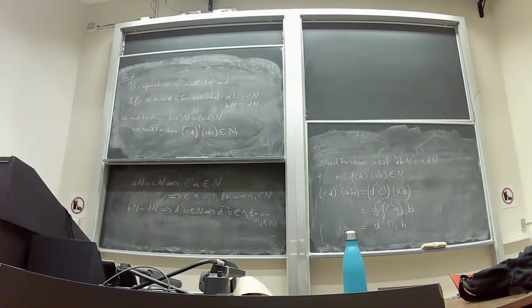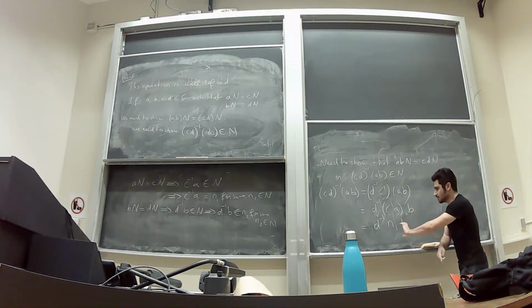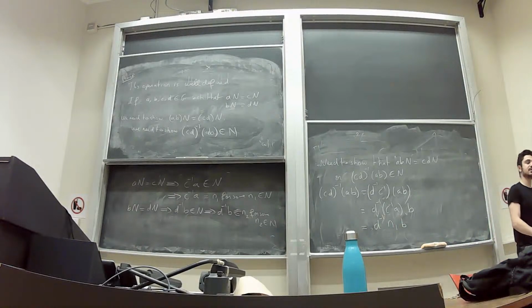Am I allowed to flip like that? No. Well, if G is abelian, then I'm good. I can do that flipping. If G is abelian, flipping is automatically allowed. Suppose that G is abelian, then all of these commute with each other, so you can put them in any way you want.